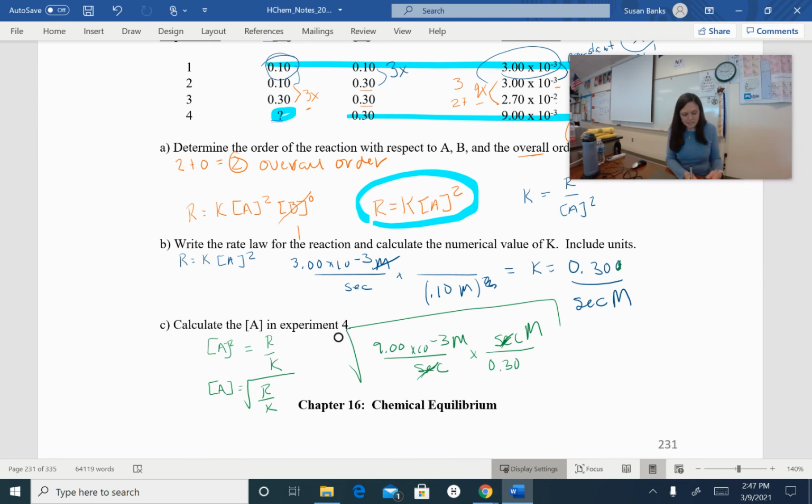So I'm going to take 9 times 10 to the negative 3, and I'm going to divide it by 0.3. So that gives me, before I simplify, 0.03. Now I'm going to take the square root of that.